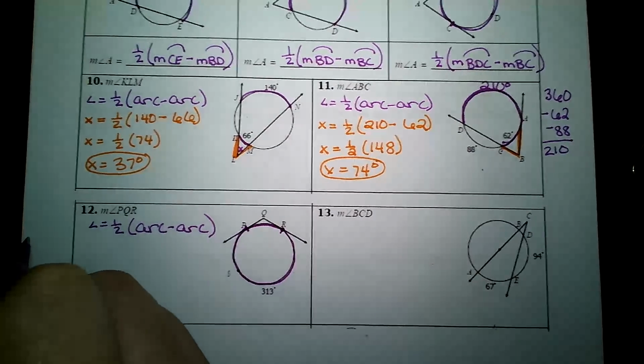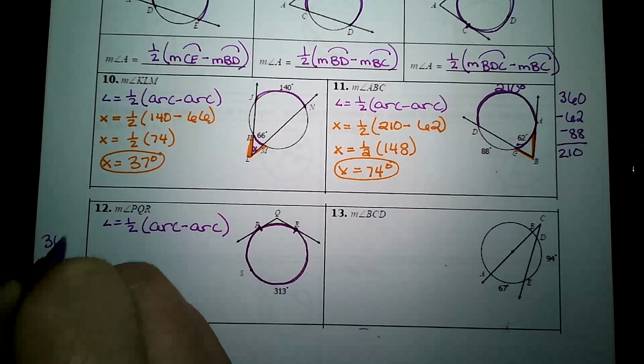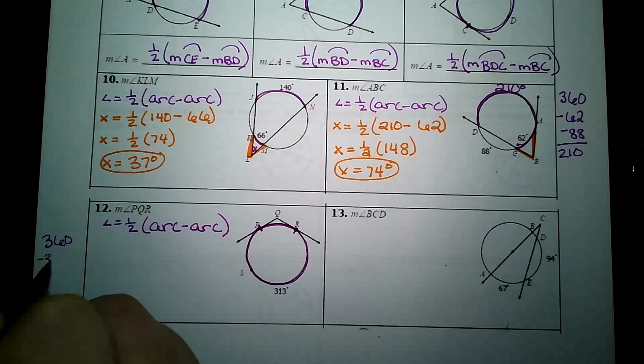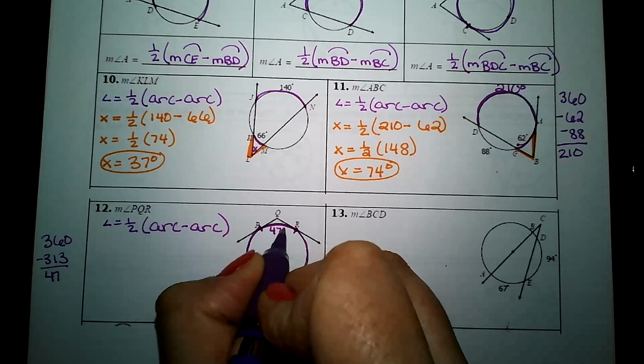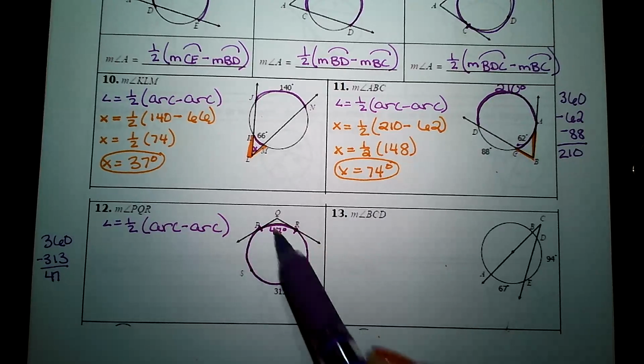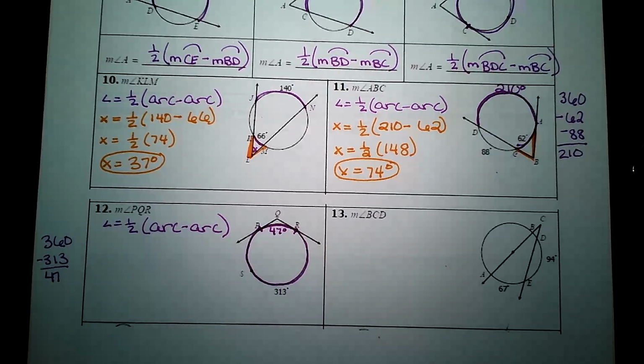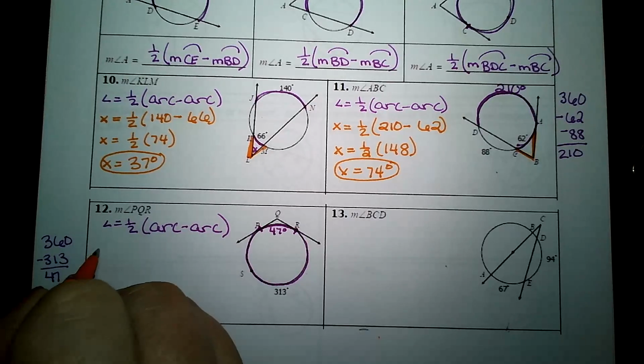There's 360 degrees in the full circle, and 313 of those degrees are being used for the major arc. So if we subtract off that 313, that leaves us with 47 degrees for the minor arc. Now we have both arcs to plug into the problem. We're searching for angle PQR.